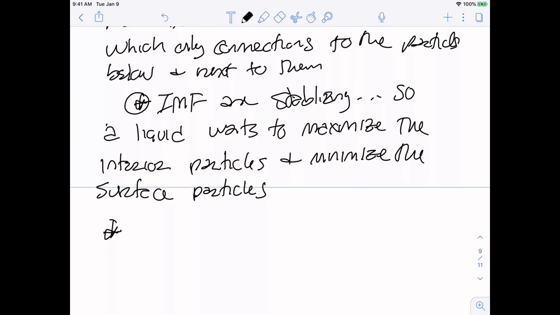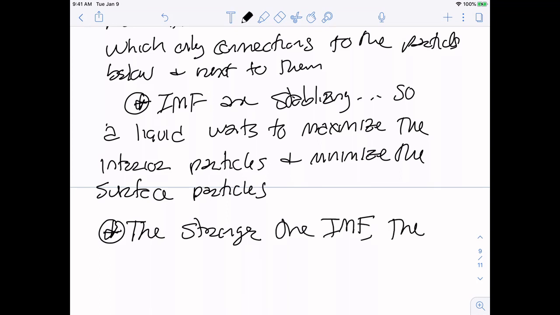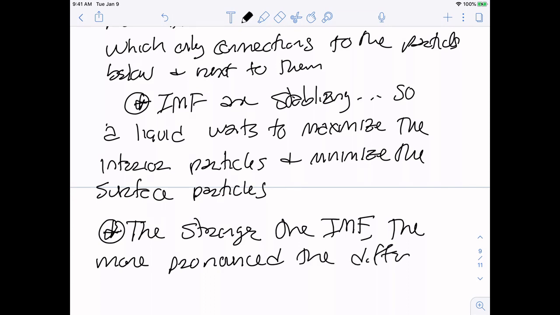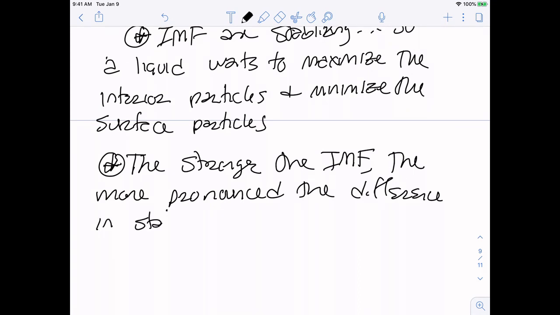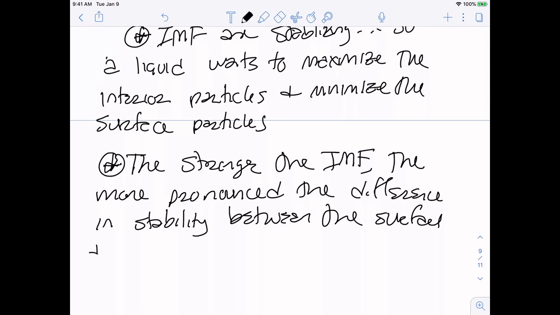The stronger the intermolecular forces, the more pronounced the difference in stability between the surface and interior particles is.